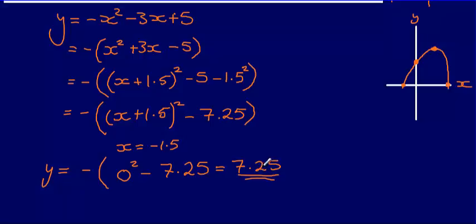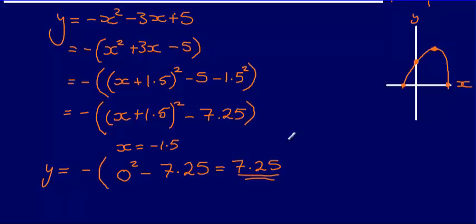The reason for this, just to reiterate, is that if I were to imagine any other value of x, that would give me a smaller value of y. I'm not going to demonstrate this now, but if you're not sure, pause the video, take some other values of x, and you will see that they will not give you a value of y which is as high as 7.25.